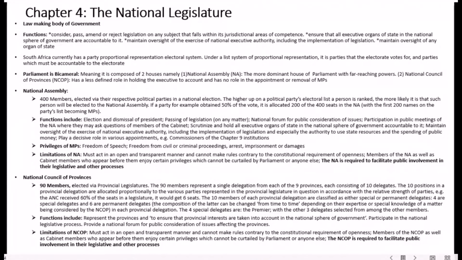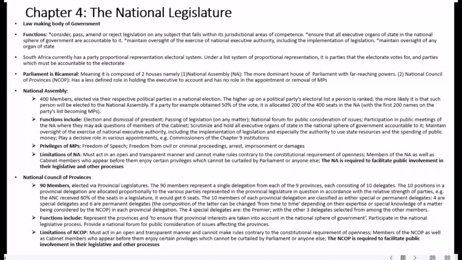For example, if they prepare a list of 400 names, basically for all the seats in Parliament, and they only win 50% of the vote, then it will be those first 200 people that will actually represent that party in Parliament, colleagues.